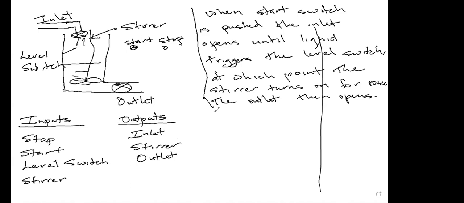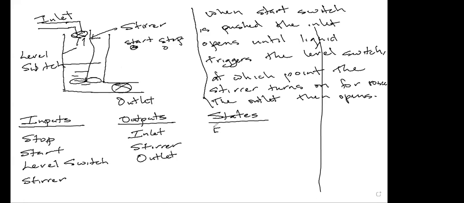And then the important thing that we also need to list are the states that the system is in. Now, some people just list the states by taking the 3 actuators. So is the inlet on, or is everything off.